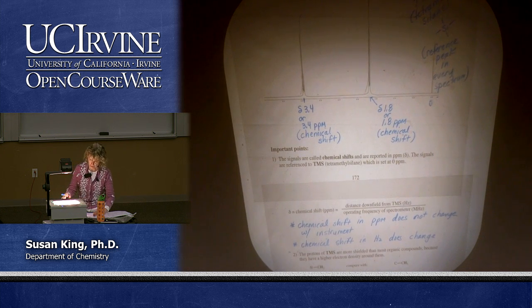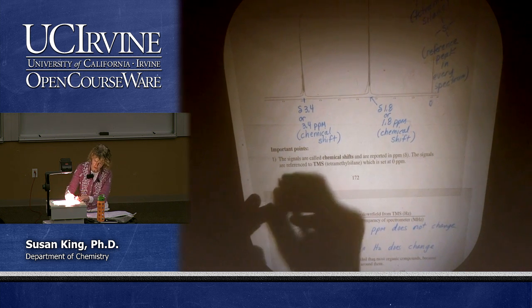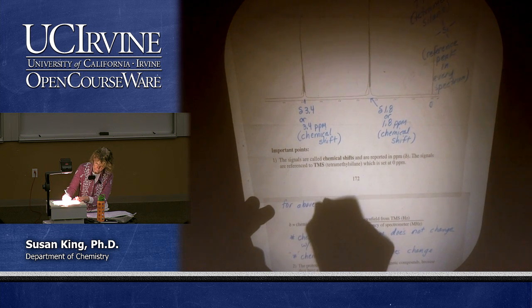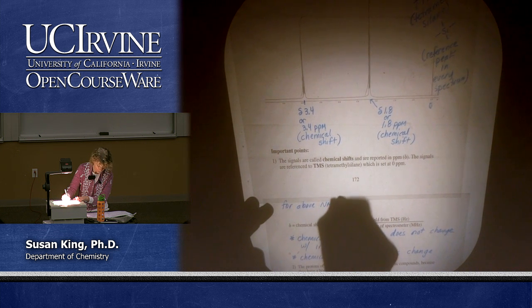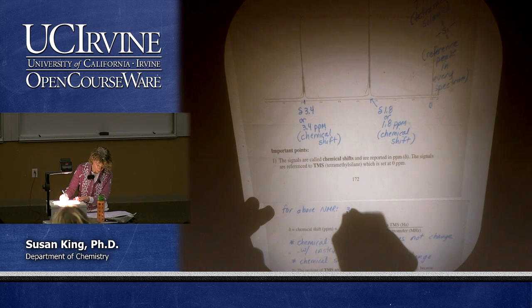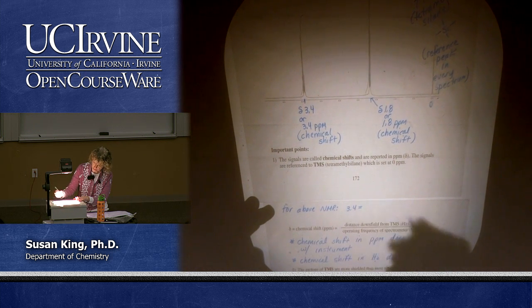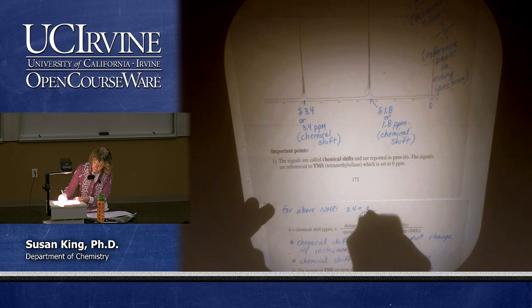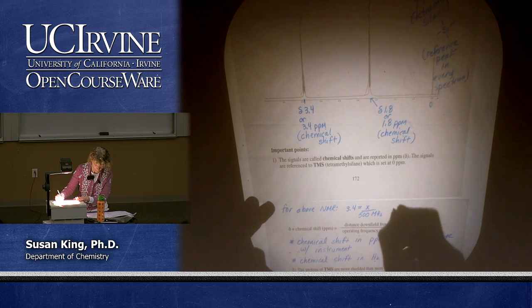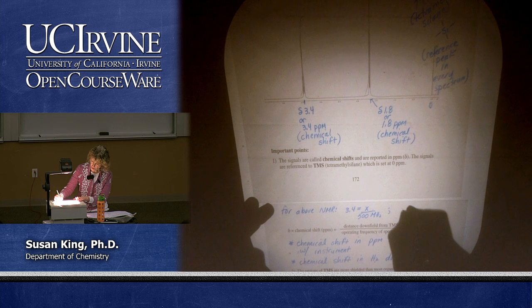So if we wanted to calculate the chemical shift in Hertz for the above NMR, using this formula, 3.4 equals the distance downfield from TMS in Hertz, which we don't know, over 500 megahertz, and so X equals 1700 Hertz.